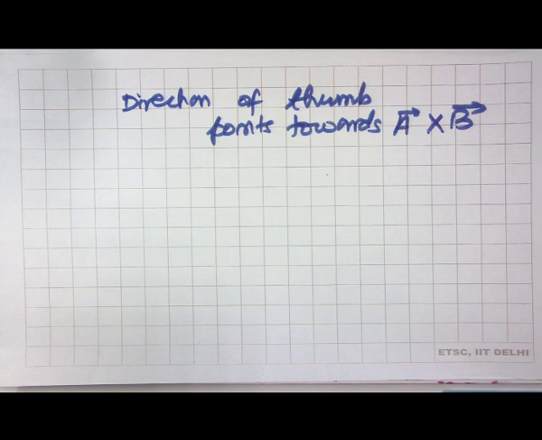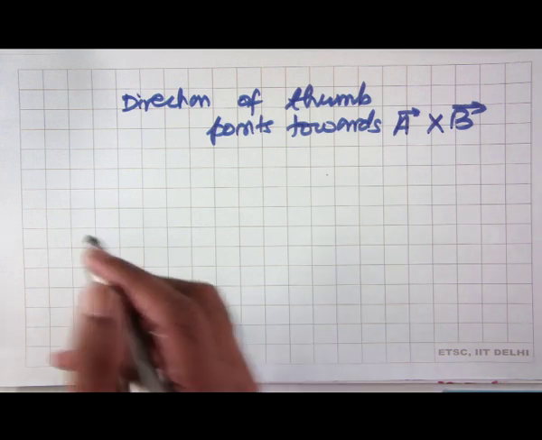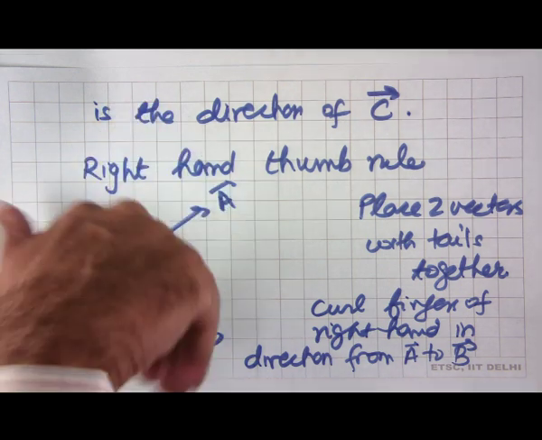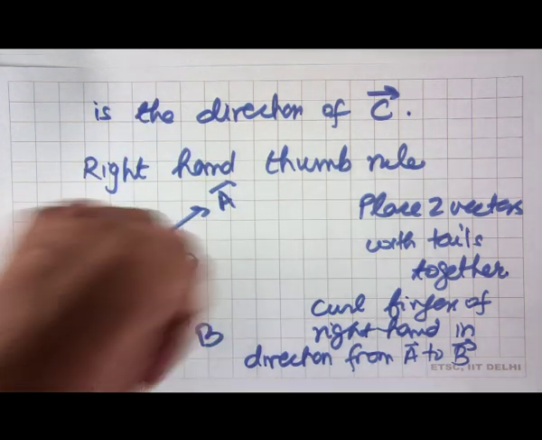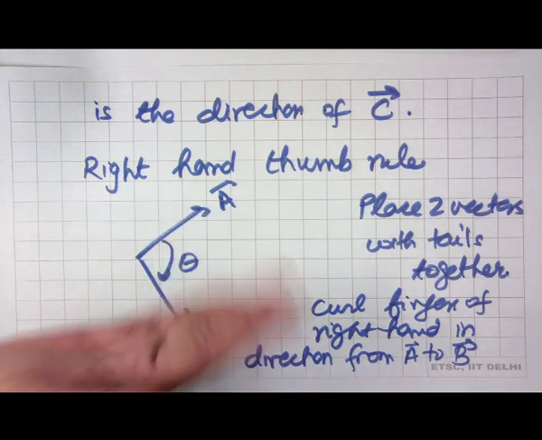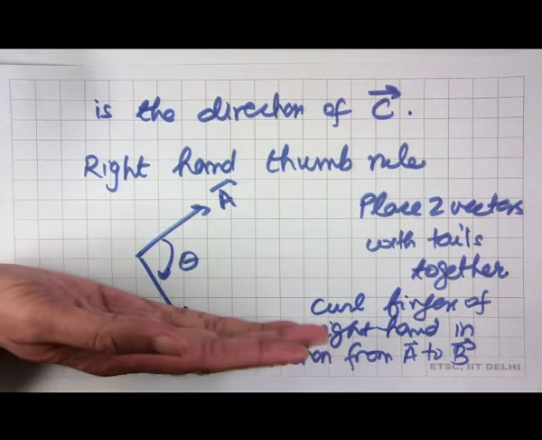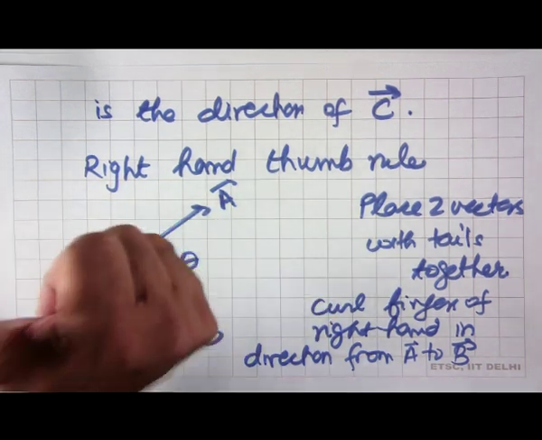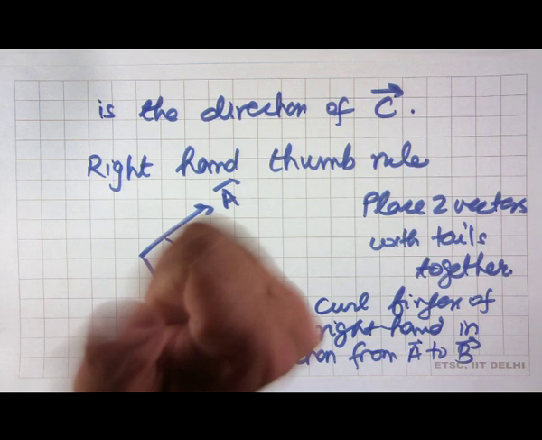Now, you will notice if I am doing A cross B, that means I am turning from A to B, my thumb is pointing inwards or downwards. Now, if I do B cross A, that means I put my fingers at B, turn them towards A, and you will notice the thumb is pointing upwards.